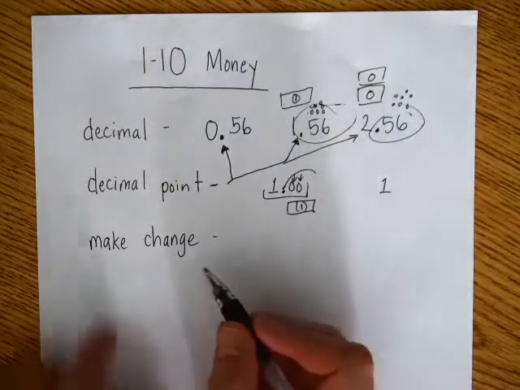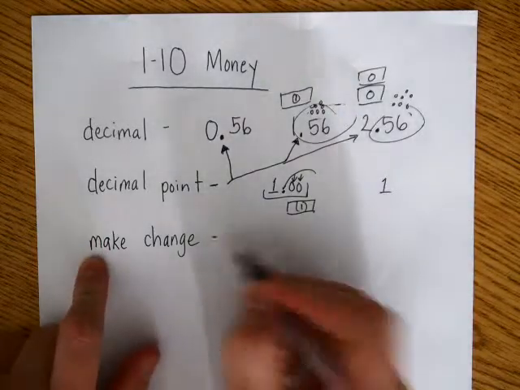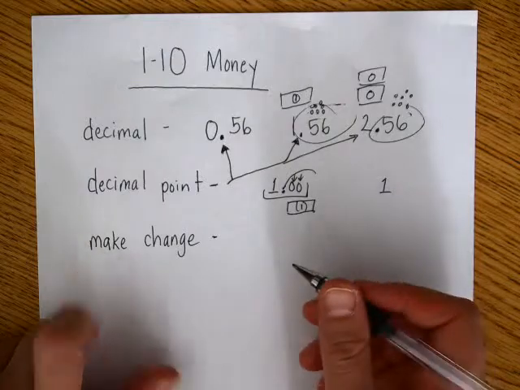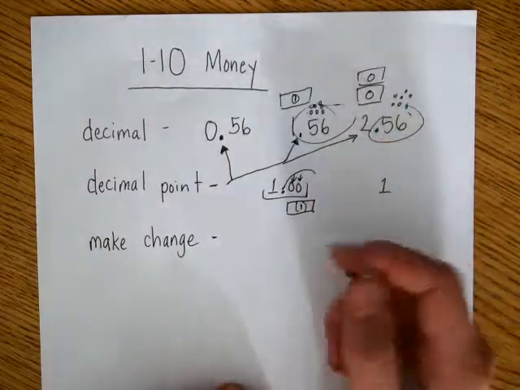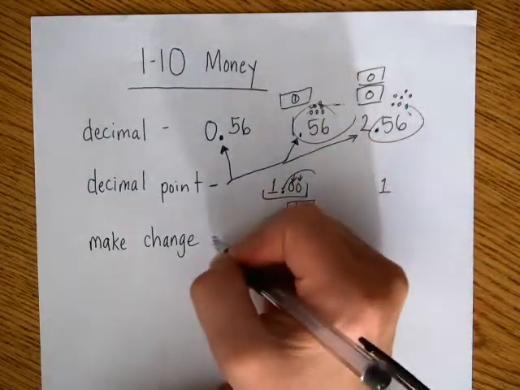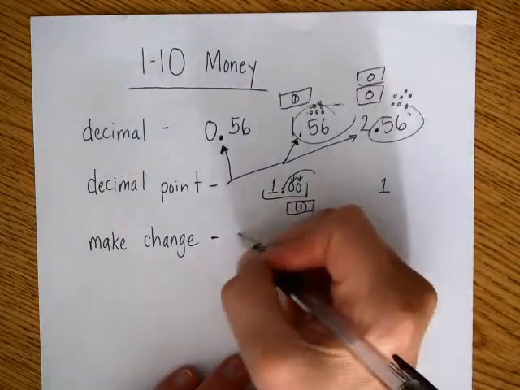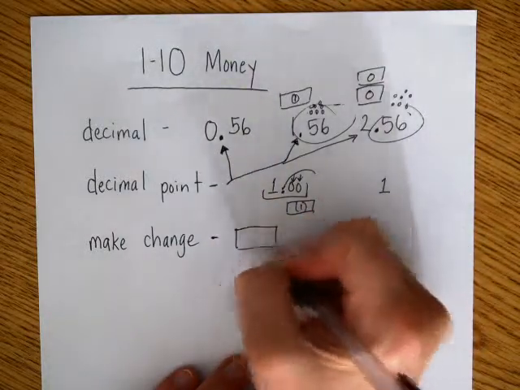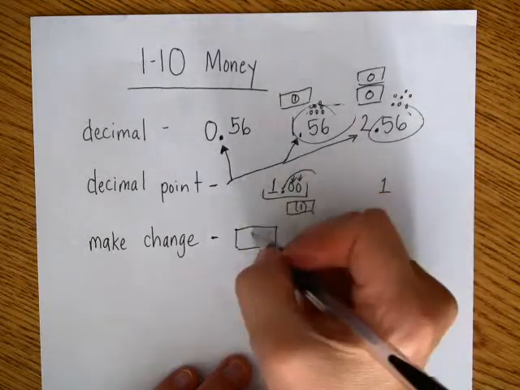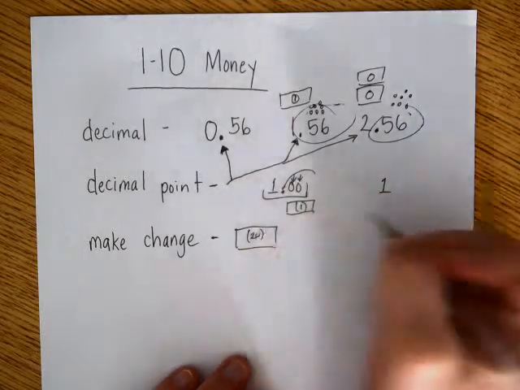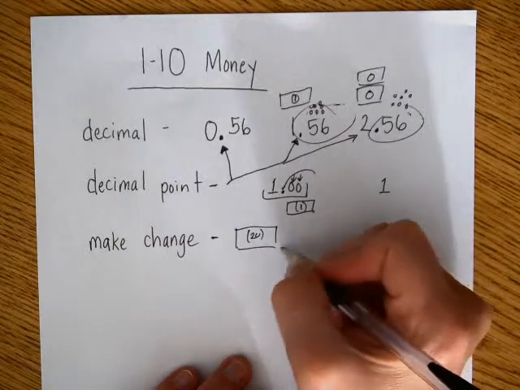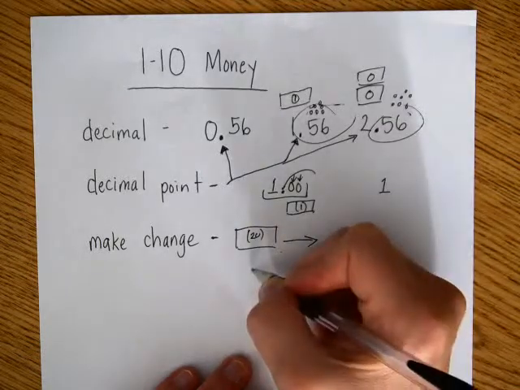The next vocabulary word is make change. Make change is the change you get back. If I go to a store and something costs $16, and I give them a $20 bill, the clerk will make change for me.